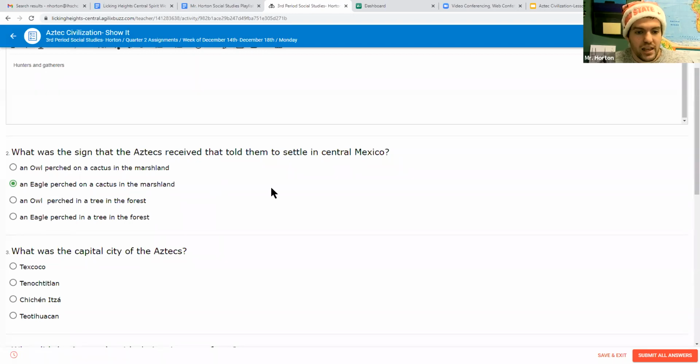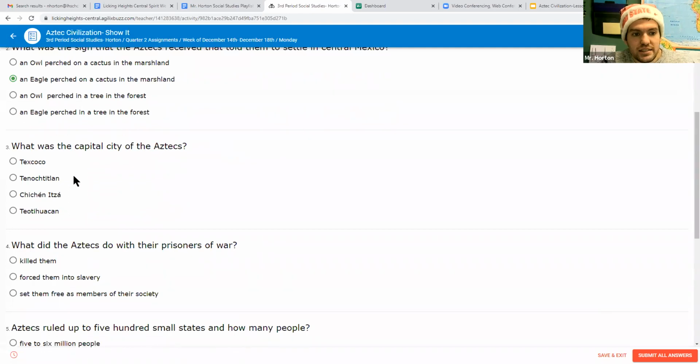Okay. So number three, it says, what is the capital city of the Aztecs? Out of those four answers, what do we think is the capital city of the Aztecs? We have Texcoco, Tenochtitlan, Chichen Itza, and Tehuacan. So what do we think? Kylie, what do we think? Tenochtitlan. Perfect.